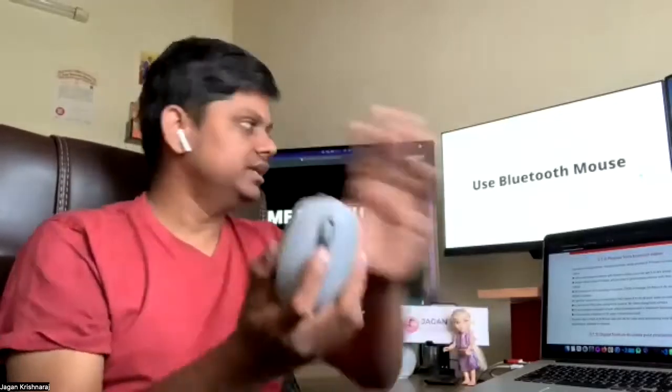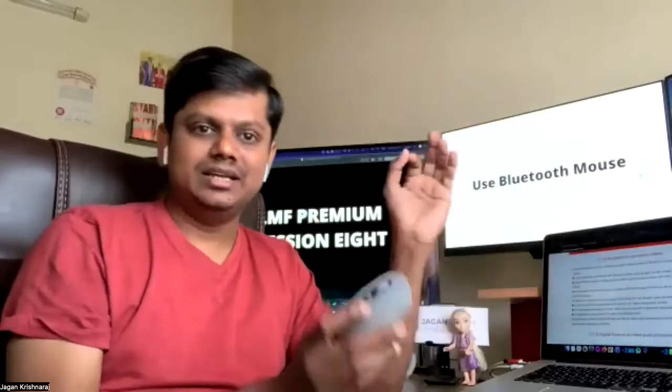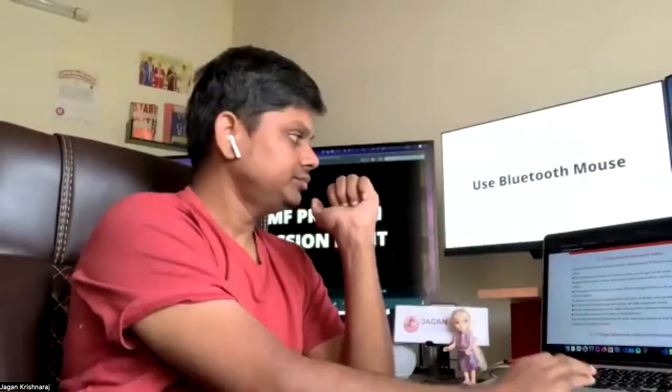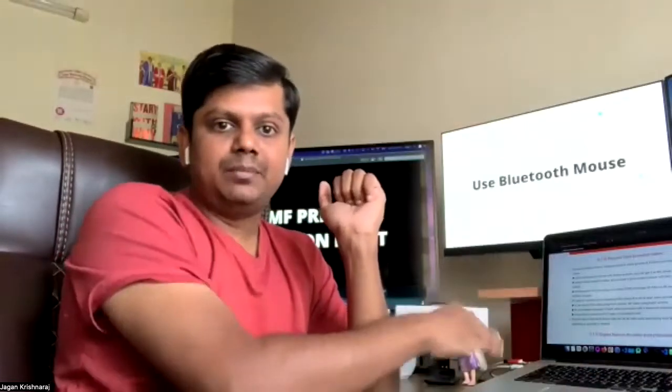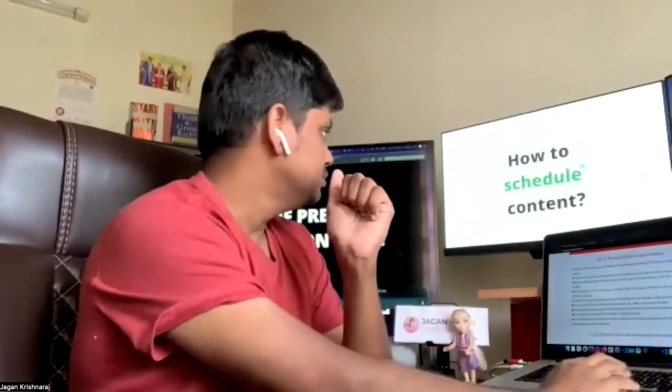If I press this button again, it will automatically connect to my laptop. So this way I control both my phone and laptop with a single mouse. If you can try it, you can just get it. Use a Bluetooth mouse if possible.